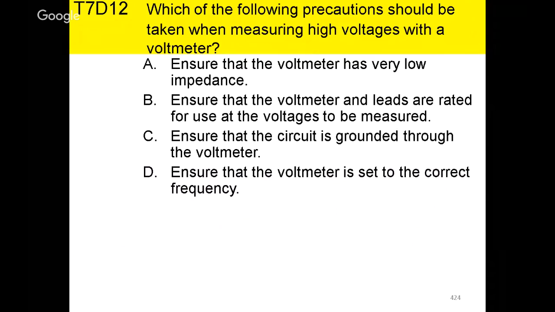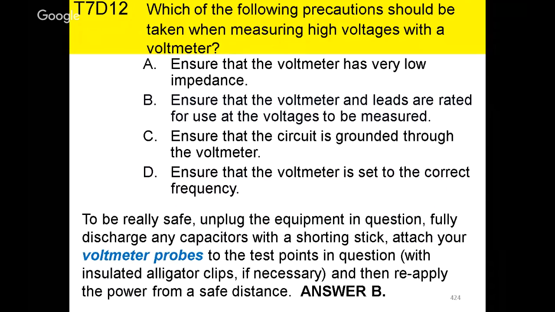My 520 has that potential as well because it has tube finals, so it requires high voltages coming off of a multi-tap transformer. One precaution is to ensure that the voltmeter and leads are rated for use at the voltages to be measured.